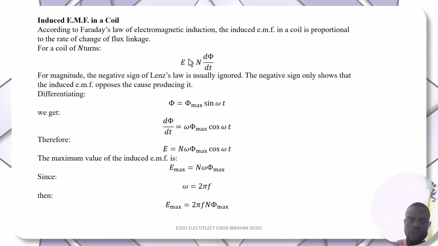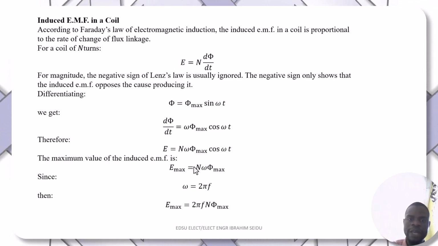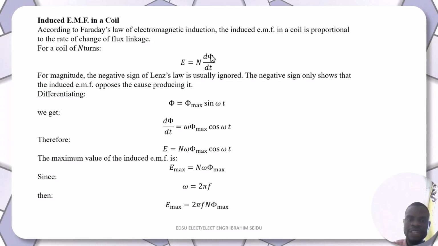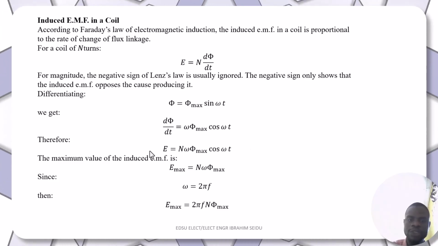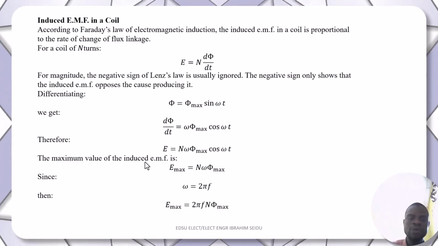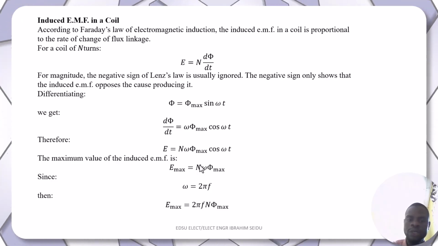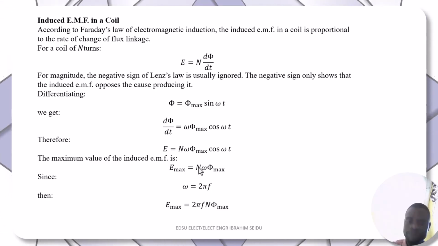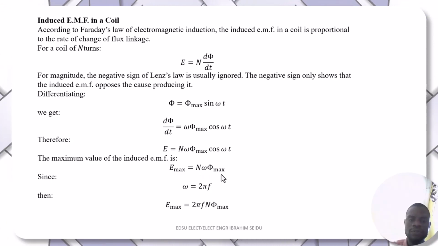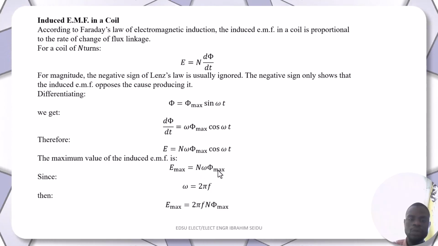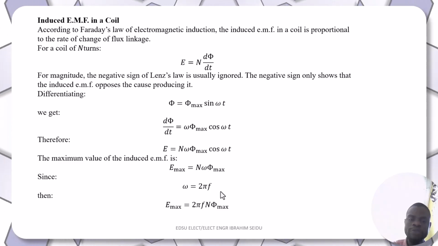Then recall our E is this, but then we replace dΦ/dt with this, and I will have this equation. Then the maximum value of the induced EMF is E maximum equals N times angular velocity, multiplied by the maximum flux. E maximum equals this, and our angular velocity is 2πf.